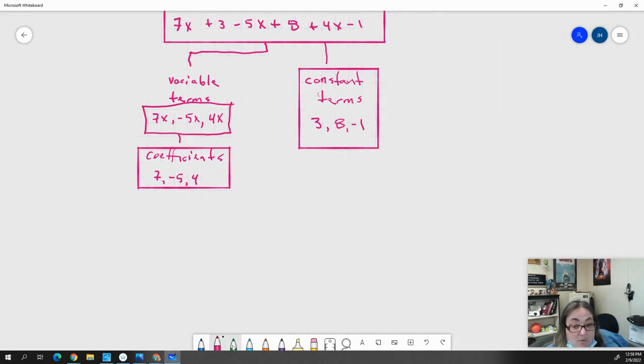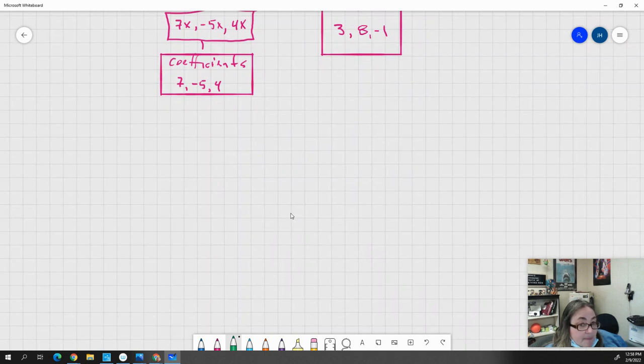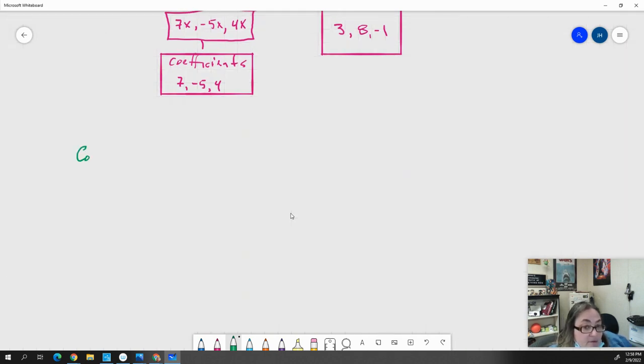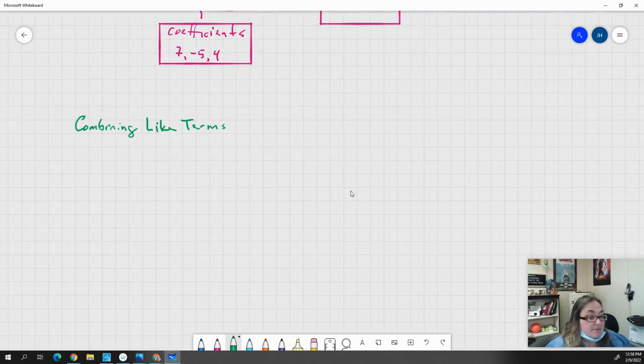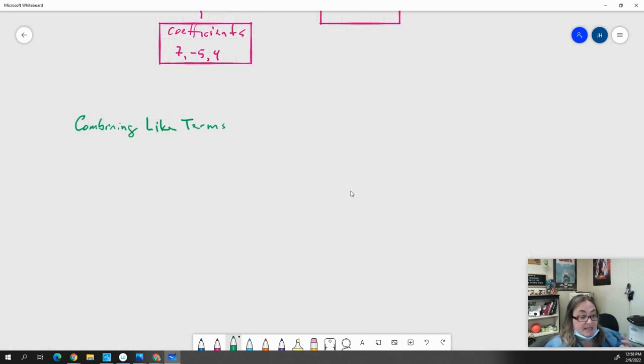So when we want to combine like terms, what we're really doing is simplifying these algebraic expressions by putting things that are alike together. So it means that we can combine like variable terms.